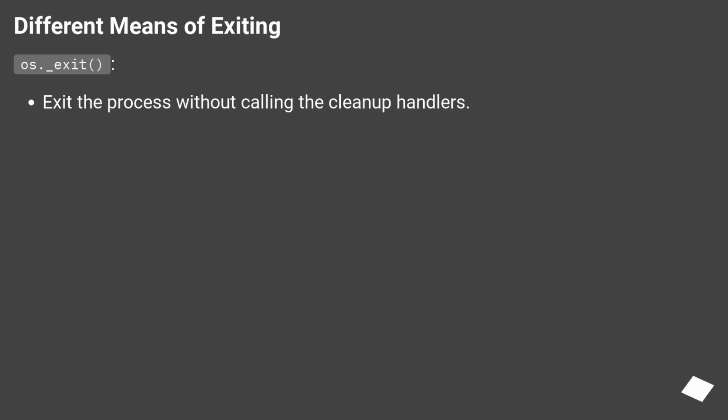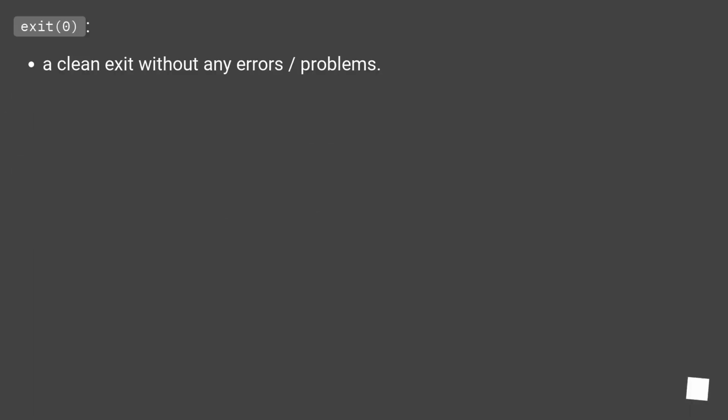Different means of exiting. os._exit: exit the process without calling the cleanup handlers. Exit 0: a clean exit without any errors or problems.